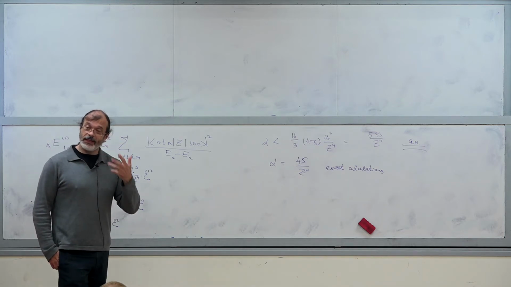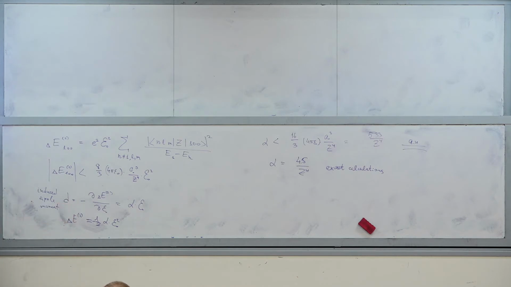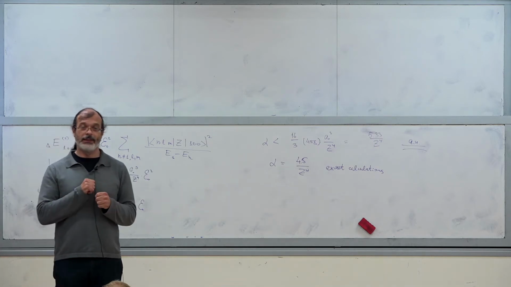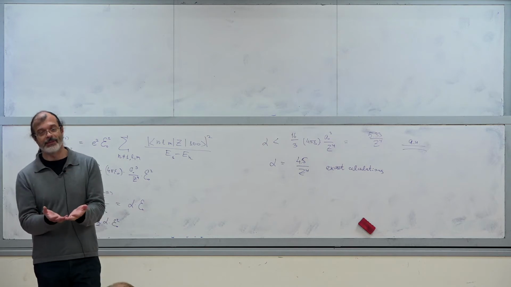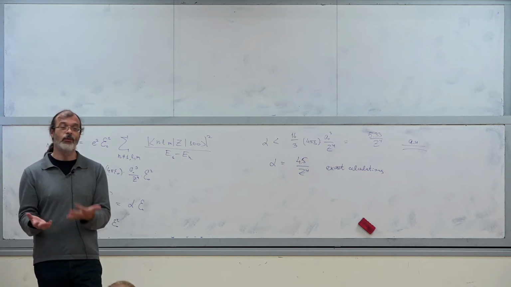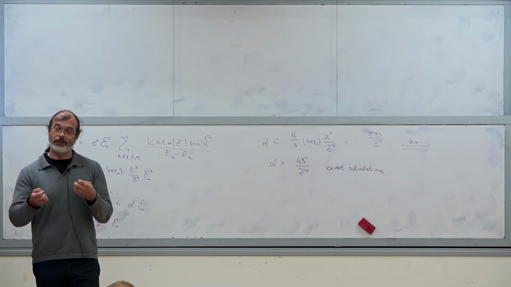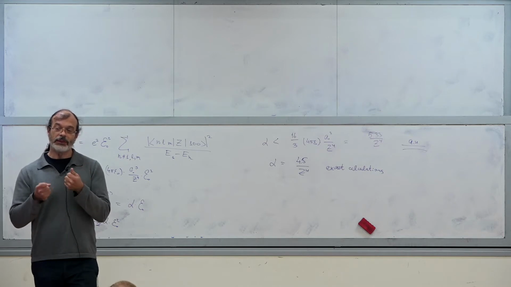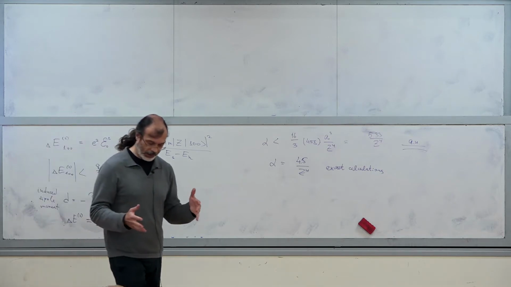Right, so now let's think about the situation of a very strong electric field. That was perturbation theory, which works well when the electric field is relatively weak. Weak as compared to what? As compared to the Coulomb interaction between the electron and the proton. If the electric field is weak, then everything is okay.